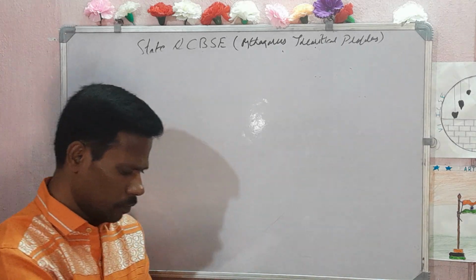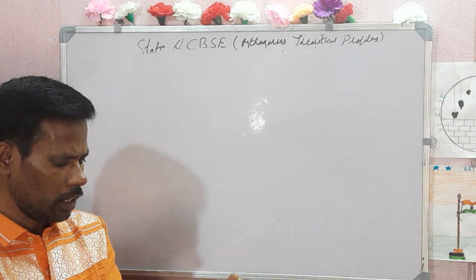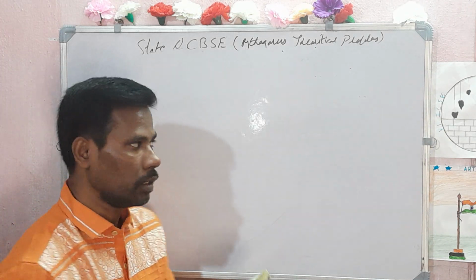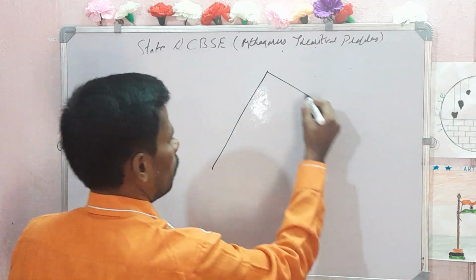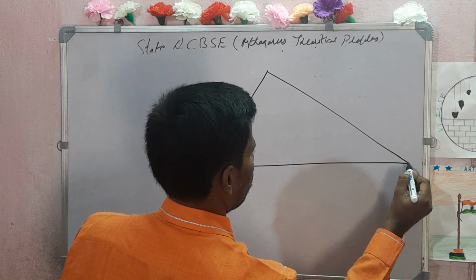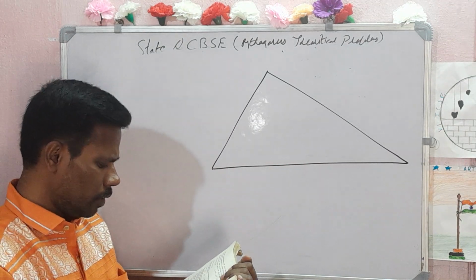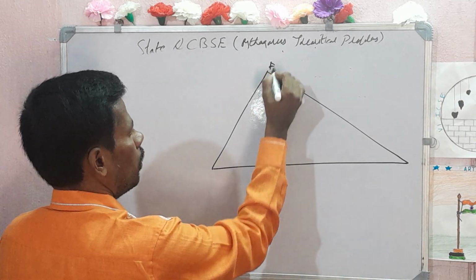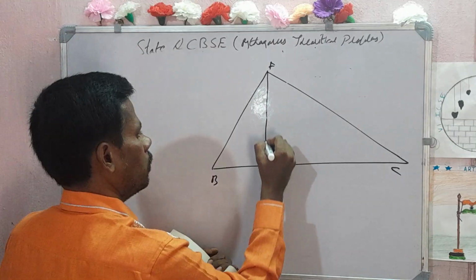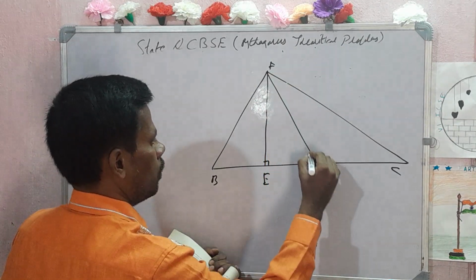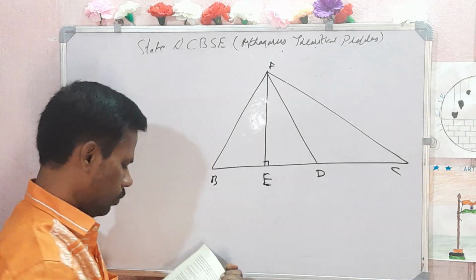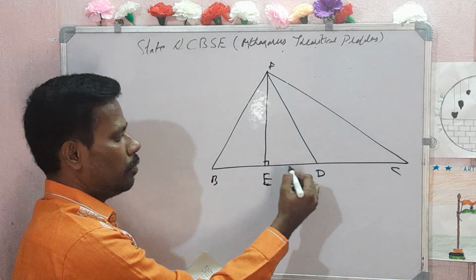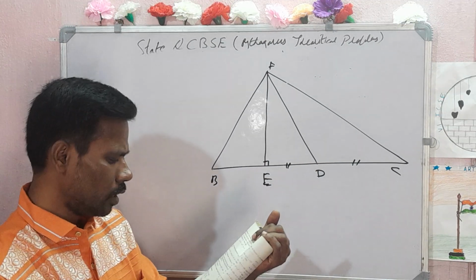Next one. In a triangle ABC, D is the midpoint of BC and AE is perpendicular to BC, right?